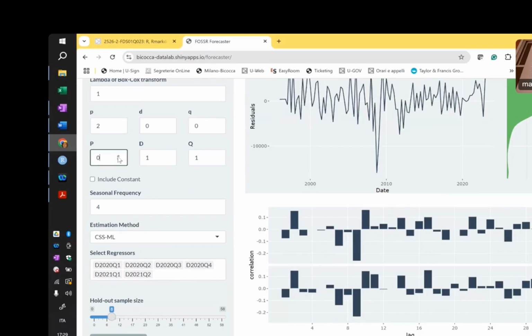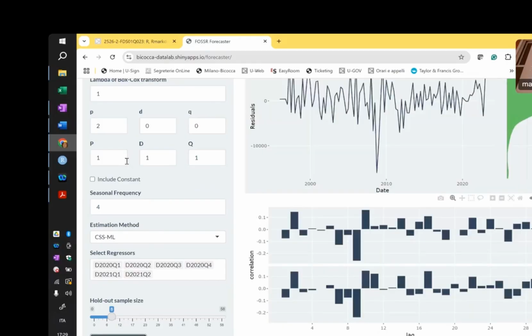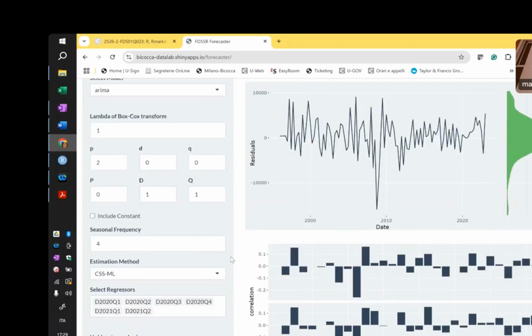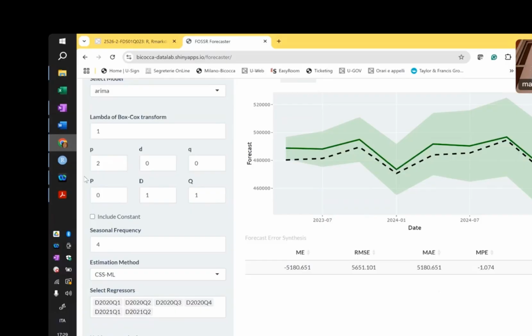We can try to put the autoregressive part, but it doesn't change. Actually, it seems more complicated to fit it when we take care of the COVID than otherwise. And the predictions are now somewhat better. So we added this autoregressive order two.